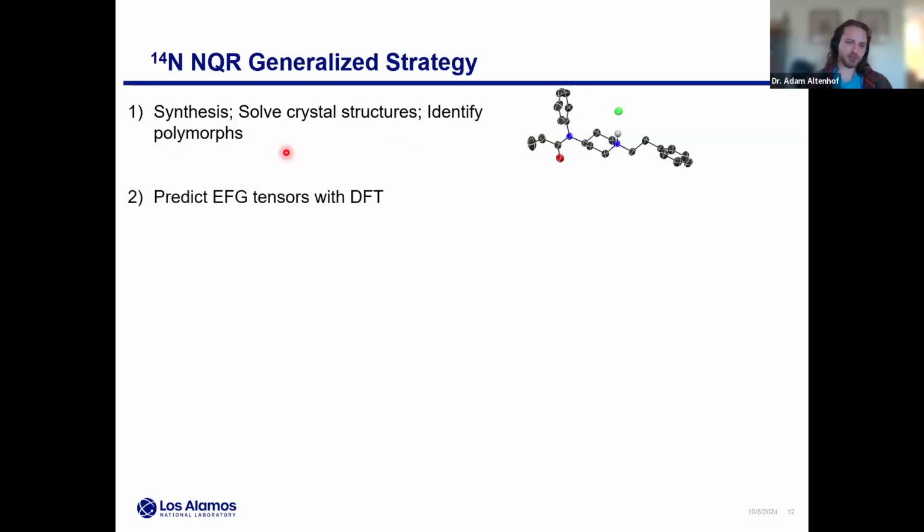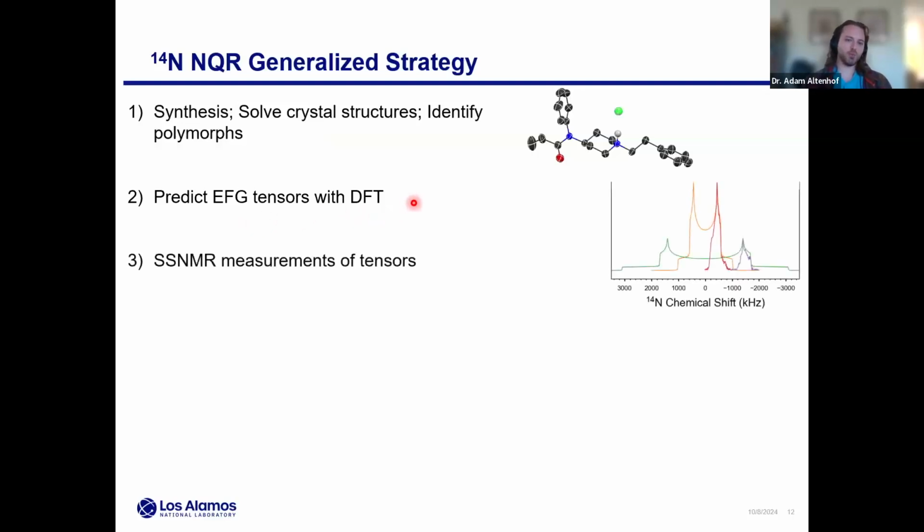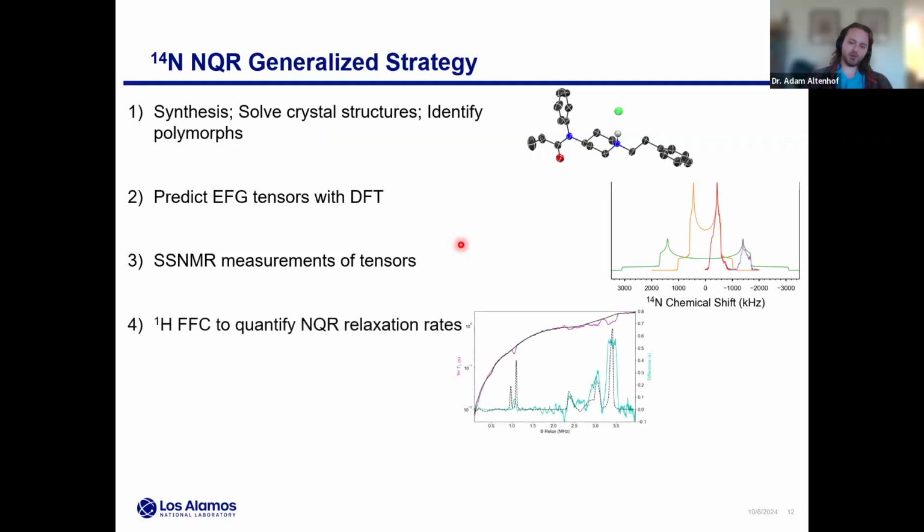Once you have those structures, you should certainly predict your EFGs with DFT when possible. Once you have that prediction, hopefully that's going to accelerate the solid state NMR measurements, which we will use here to try to approximate the NQR frequencies. And we'll be using something called proton fast field cycling experiments, which perhaps some of you haven't seen before.